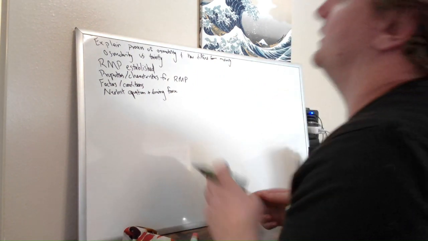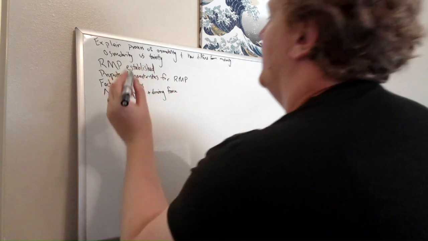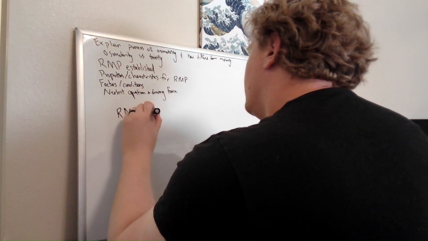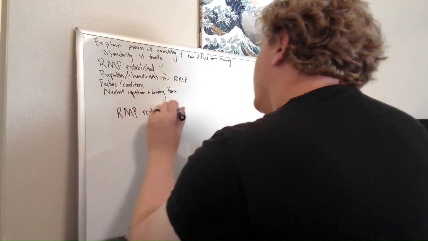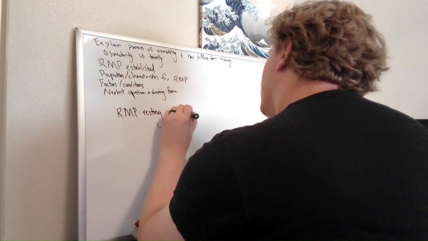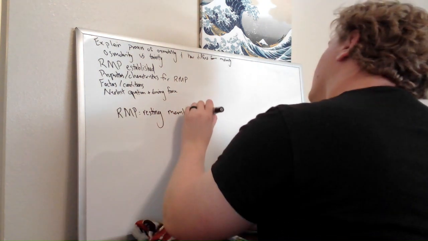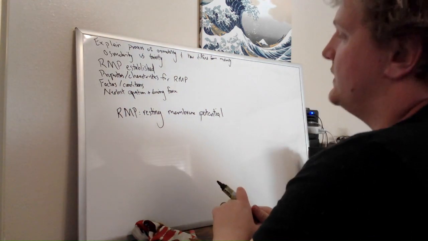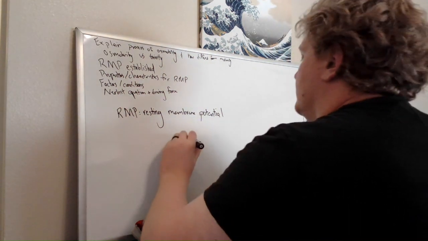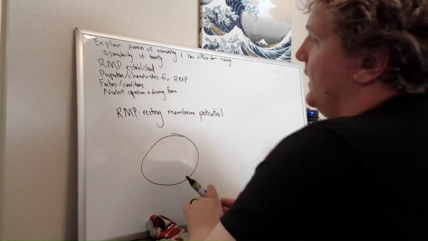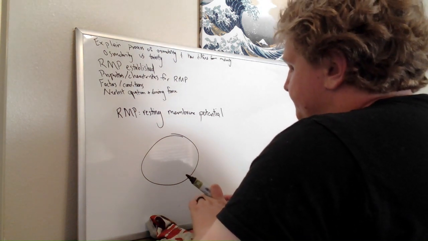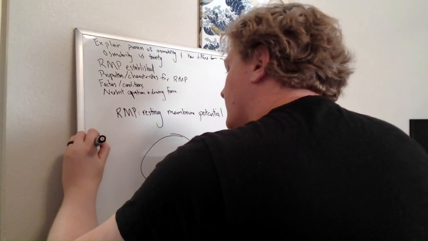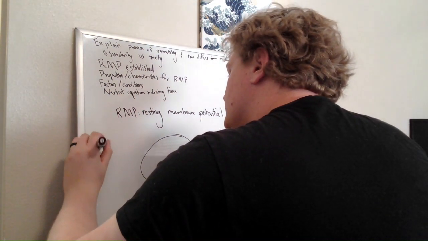So moving on to part 2 of this question, we're going to be talking about RMP, or the resting membrane potential. Okay. So resting membrane potential, if we were to draw a cell here, there are 3 big contributors that come into play.